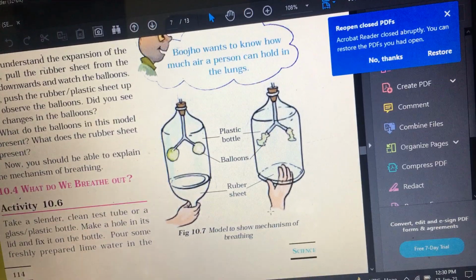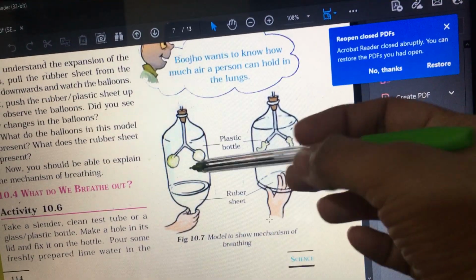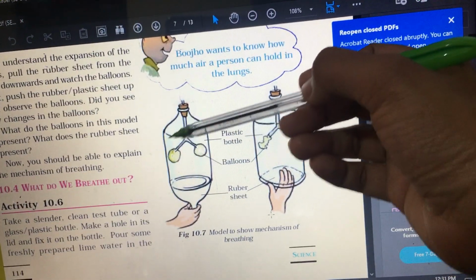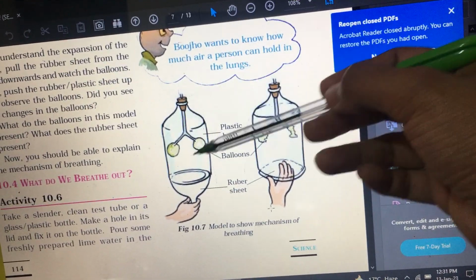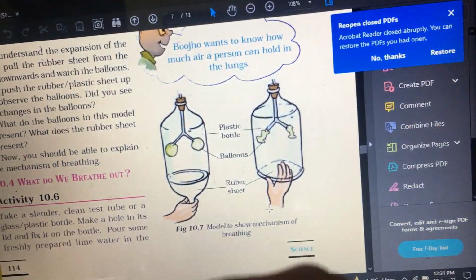So the diaphragm is bending downwards, isn't it, from its original position, right? That's how it is showing. When these balloons are getting bulged, the air in the container is pushing this rubber sheet, and it will bend down.